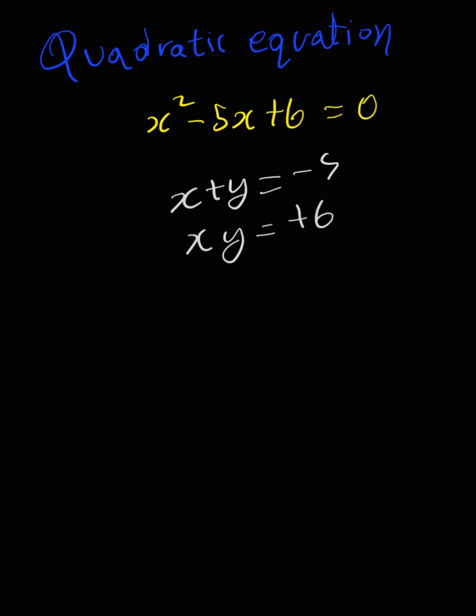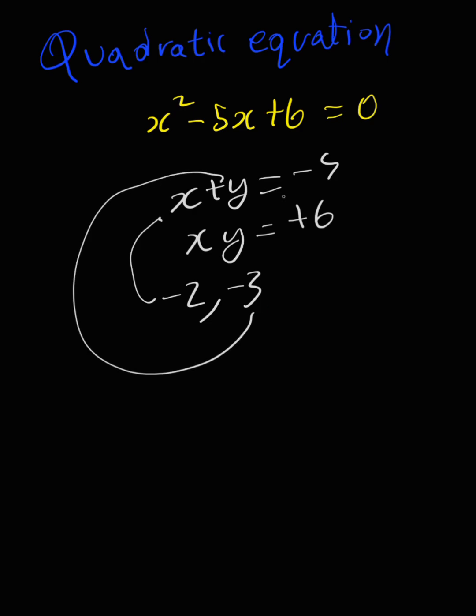There are two such numbers, minus 2 and minus 3. Because when you add minus 2 and minus 3, you get minus 5, and when you multiply them you get positive 6. So it's just looking and thinking.